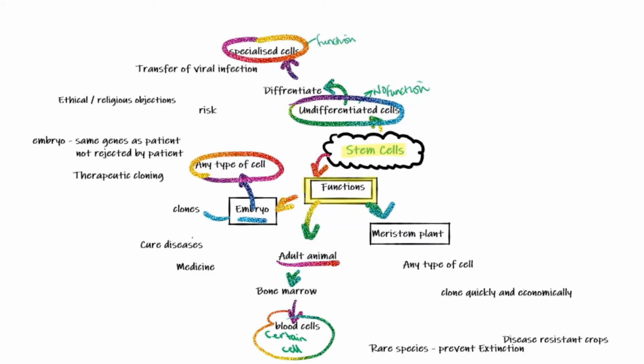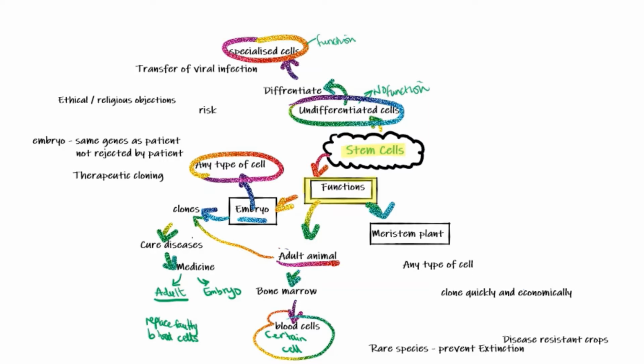Stem cells from both embryos and adult animals can form clones, which means they are genetically identical cells, and are made to differentiate into specialized cells, which are used to cure diseases.